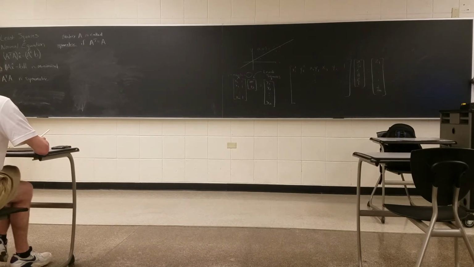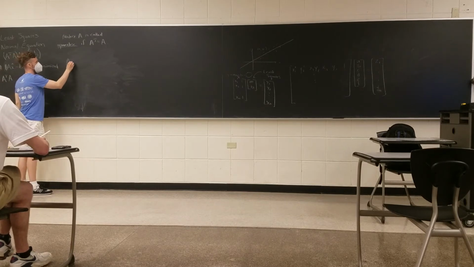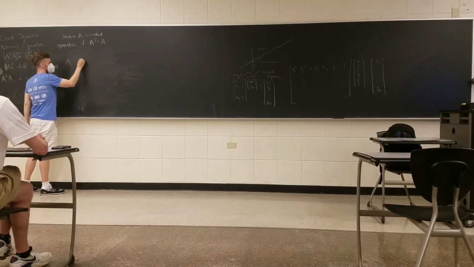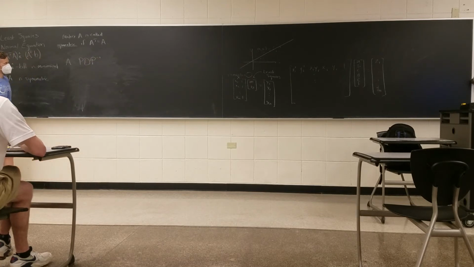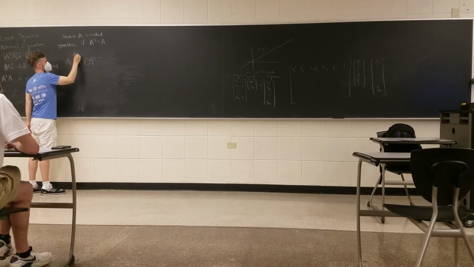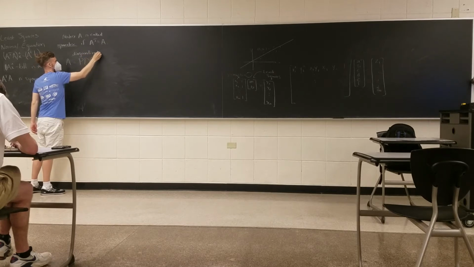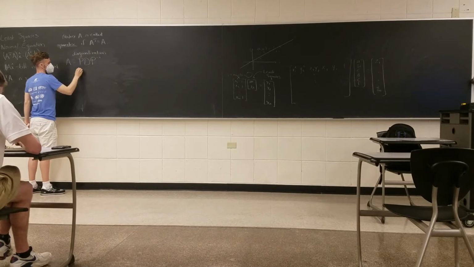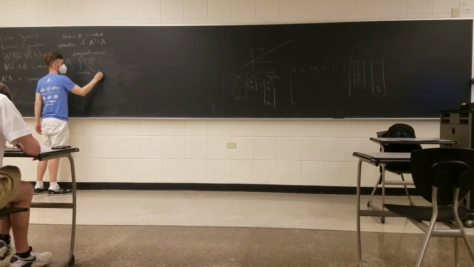So let's talk about diagonalization for a second. Ordinarily, we would look for something like this, A equals P D P inverse. We call this diagonalization, where P is some invertible matrix and D is a diagonal matrix.